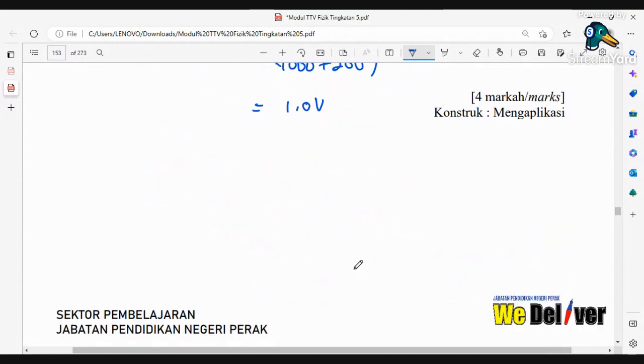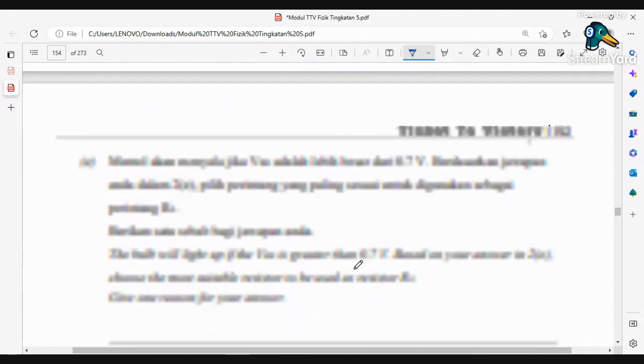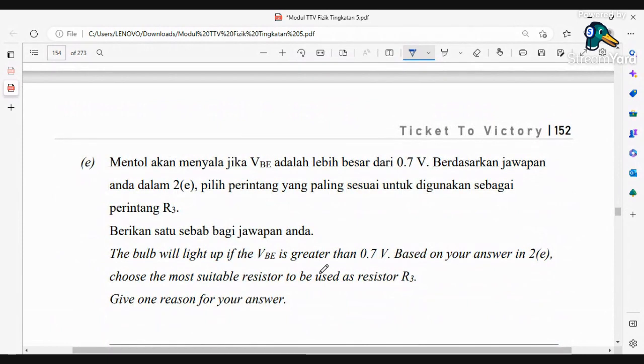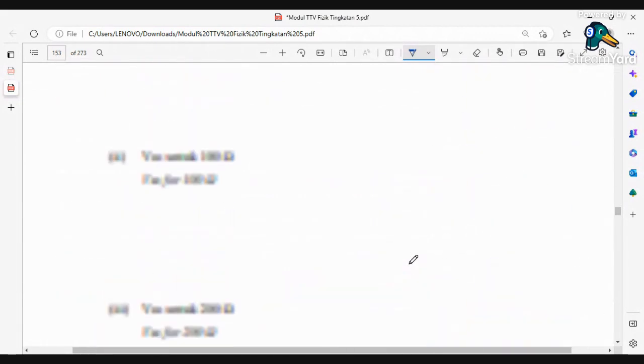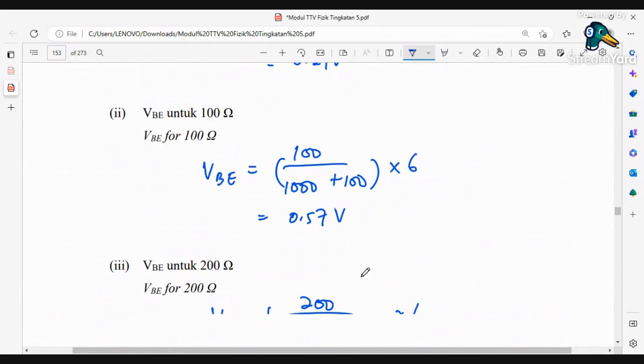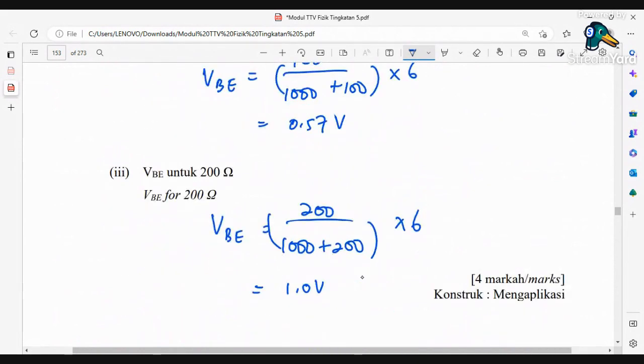Okay. Now look at E. The bulb lights up if the VBE is greater than 0.7 volt. This is the junction voltage. To turn on the transistor, the base voltage must be greater than the junction voltage. As you can see from the calculation above, which one produces greater than 0.7 is 200 ohm.